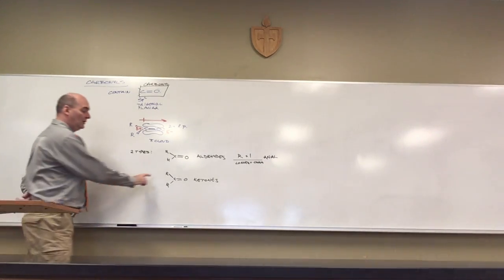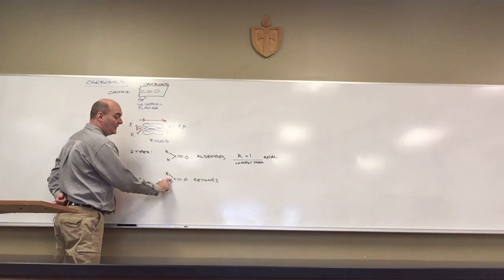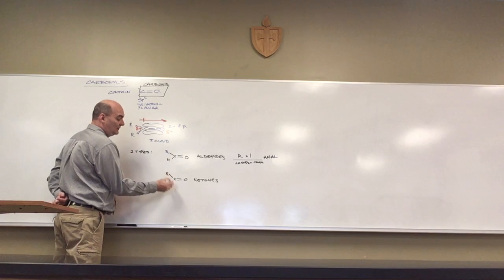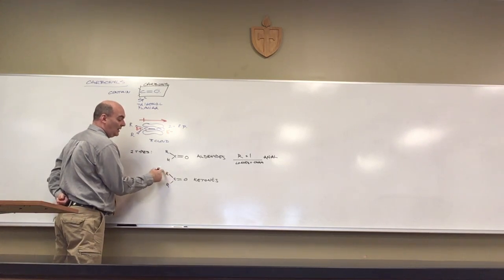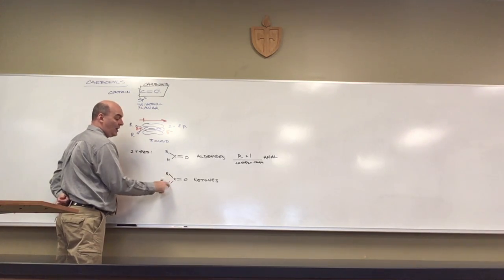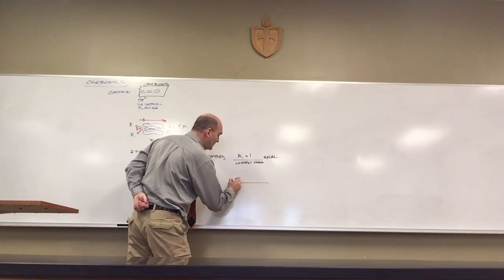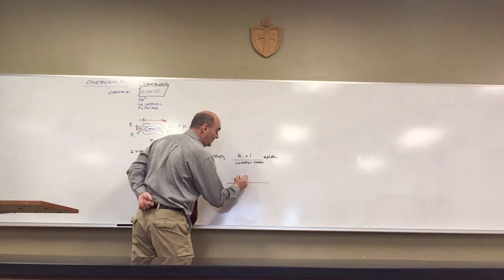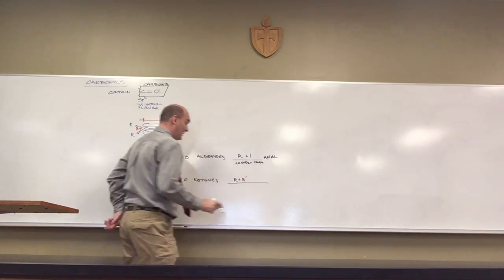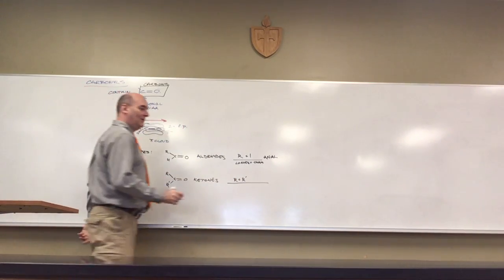Ketones, you have to name, this is now your chain. So let's have this be R and this be R prime. This is R plus R prime plus the carbon in the middle.